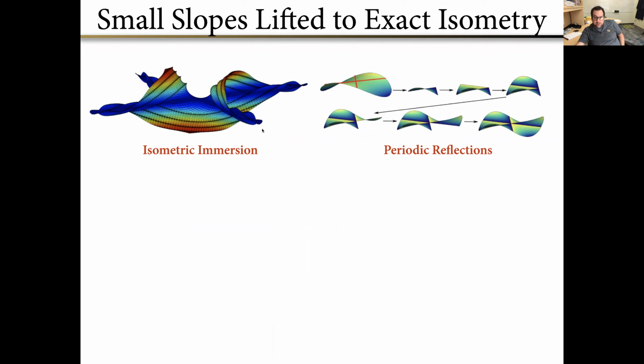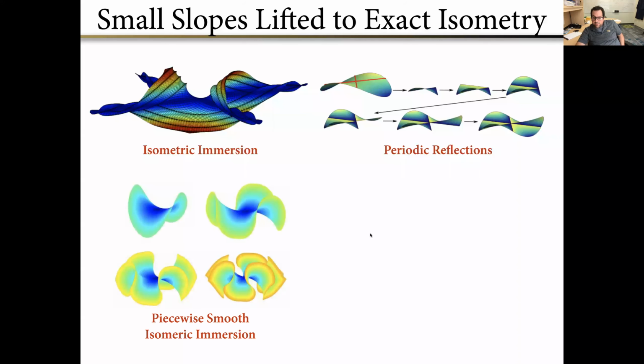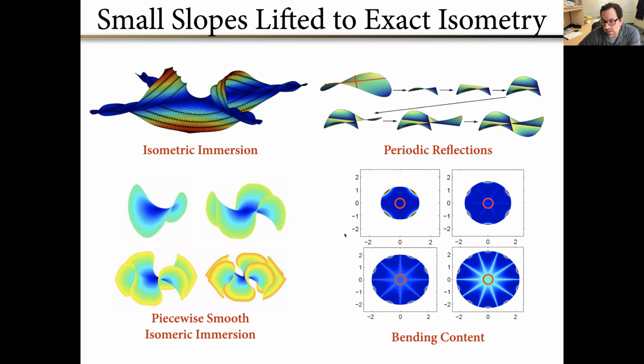And these ridges, these are exactly where the bending energy diverges. But near the center of this disk, I can do the exact same periodic reflections to generate piecewise smooth isometric immersions. Okay, and these solve the full geometrical problem, no approximations.